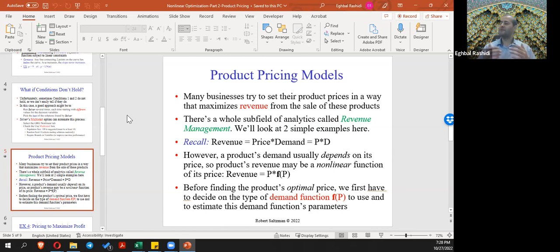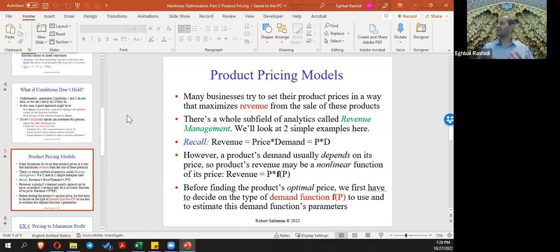So revenue is a function of both the demand and the price, but also the demand is a function of price. And when the price is higher, of course, you're going to get more revenue, but also your demand might actually decrease, because when a product is more expensive, fewer people are going to buy, right? So there's this kind of a nonlinear curve in this problem.